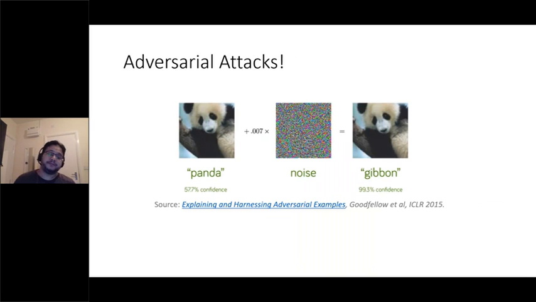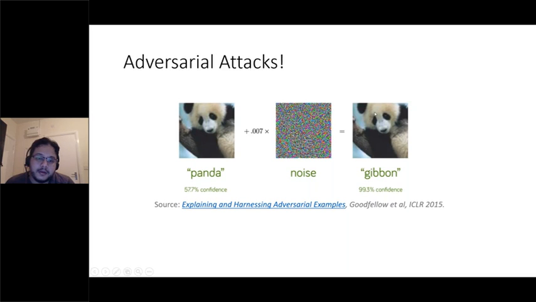Other problems with neural networks: adversarial attacks. For example, we have a panda in this image. We apply a small noise to it, multiplied by 0.007. This is a very small noise, and you can barely see the difference between this image and this image.